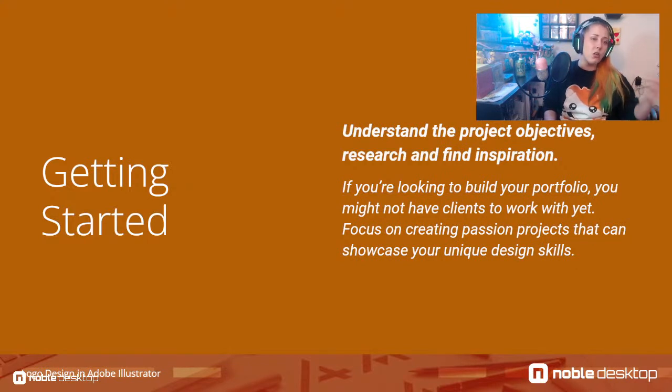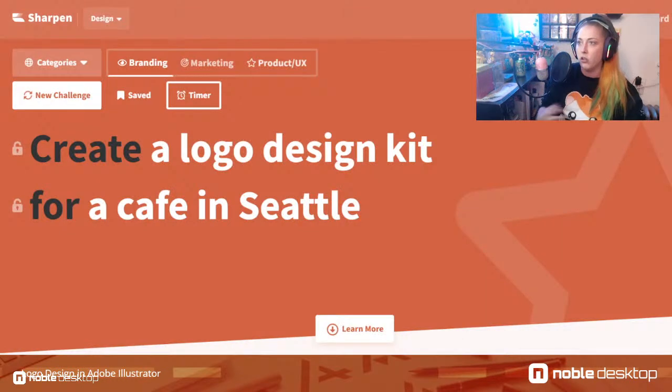I'm going to show you something that I think is really great, especially if you're thinking, well, I don't know if I really want to go with a passion project, or I'm not thinking of anything unique, and you just need some sort of spark to get the ball rolling. There's this website called Sharpen Design. I'm going to go ahead and add the link to the chat for y'all. Maybe not.